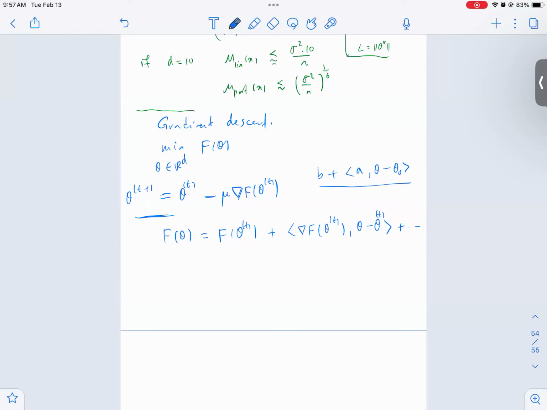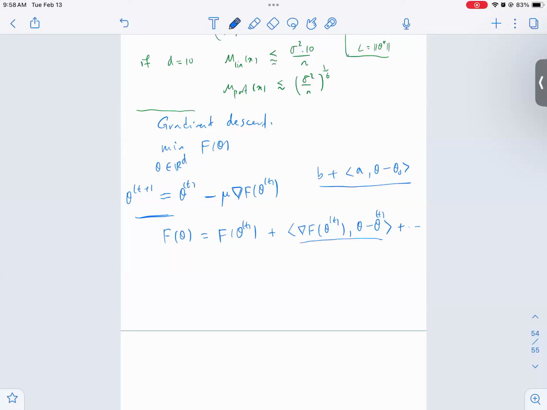By Cauchy-Schwarz, this thing is going to be bounded by the norm of the gradient. Let's not do that in detail, but if you do Cauchy-Schwarz, you realize that this quantity is bounded, and the extreme happens when this is in the direction of that, or in the opposite direction.